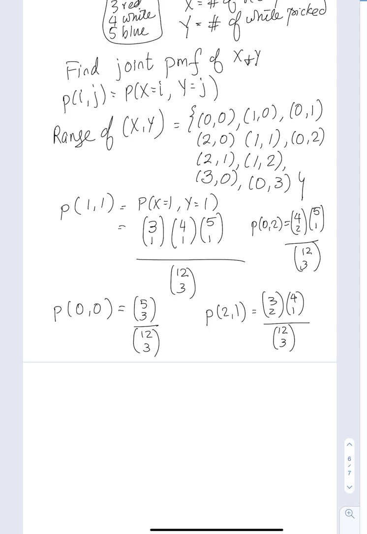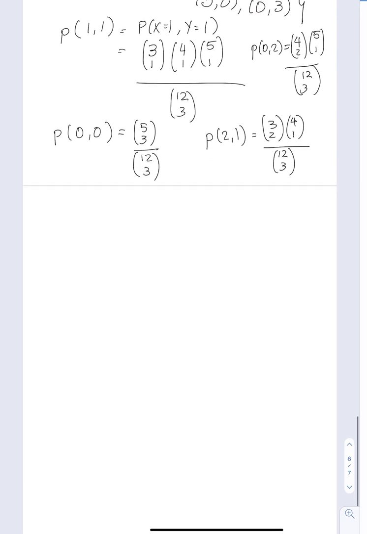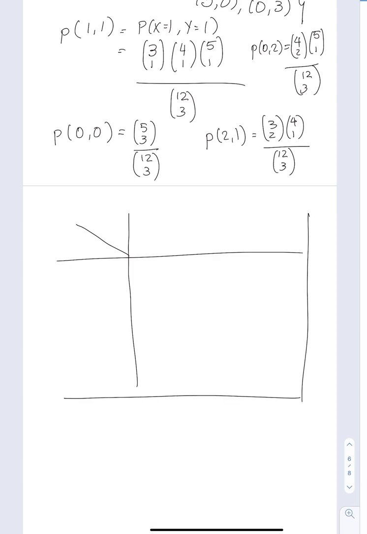Okay. And if you look at all these numbers and calculate them, put them in a table. It's a table given to you on page 239. I'm just gonna write down some of it over here, just so that you get used to it. Let's go through the whole thing.